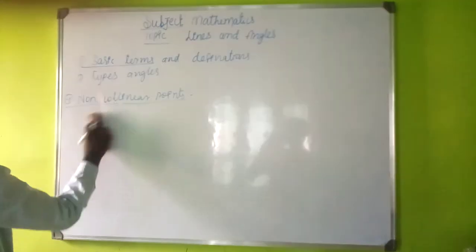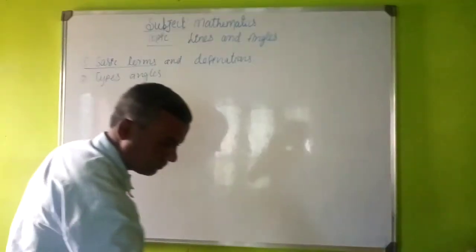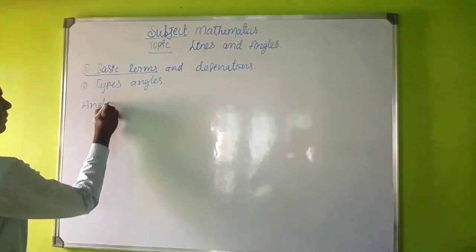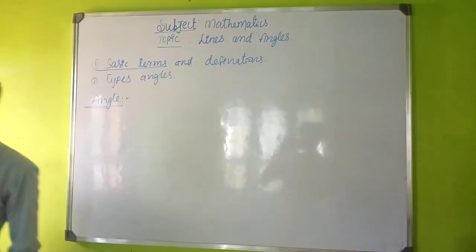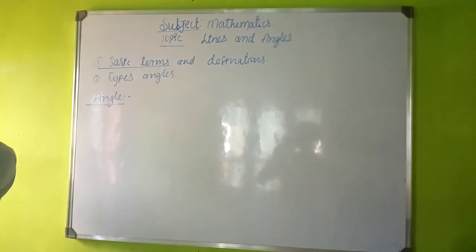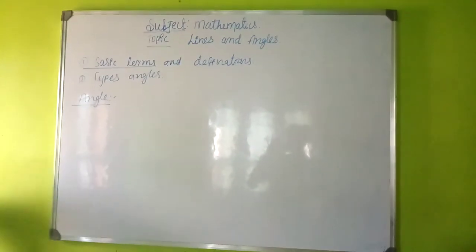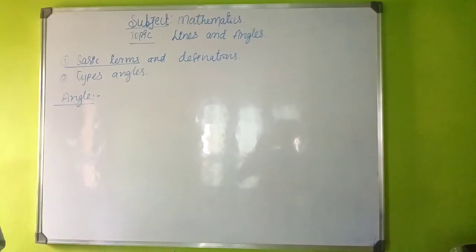So next, one more concept we are going to learn about: angle. Angle means what? Basically after the line segment or ray, the important concept that arises in geometry is called an angle. Angle is very simple.